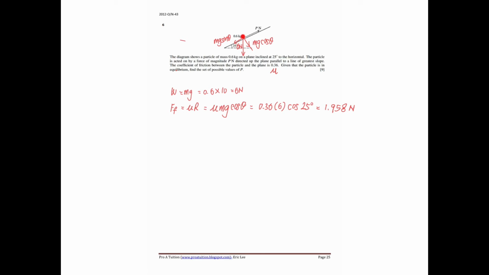If the particle is stationary, it will remain stationary because it's in equilibrium here. As you can see, the forces are in equilibrium, so the particle is going to remain stationary. Now I break it down into two situations.